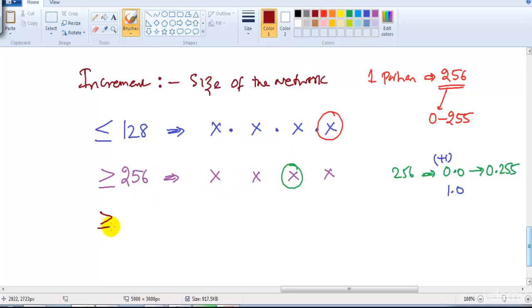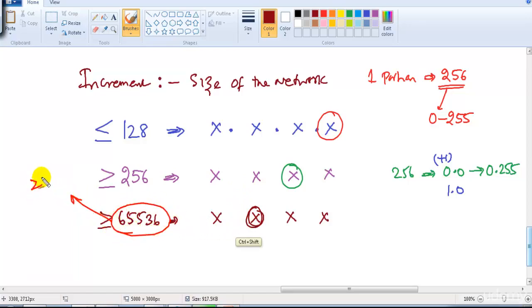And if your network size is greater than or equal to 65,536, in that case we need to increment in this second portion here. Why? Because when your network size is 65,536, which is 2 to the power of 16, these two blocks are not sufficient, because the size of the network is 65,536.